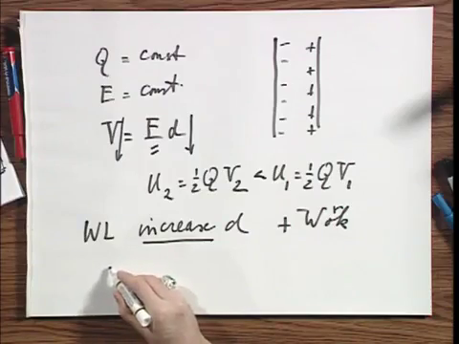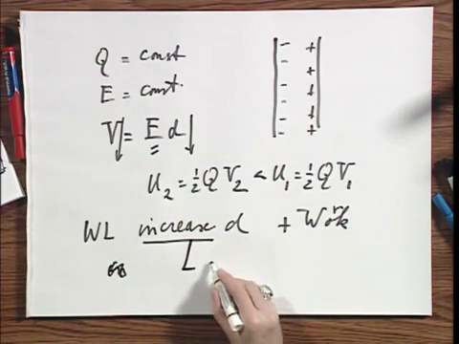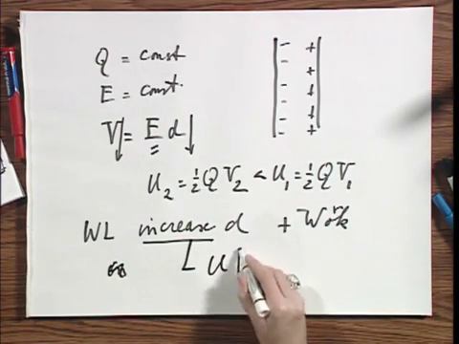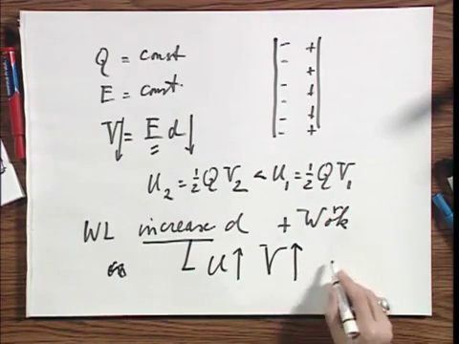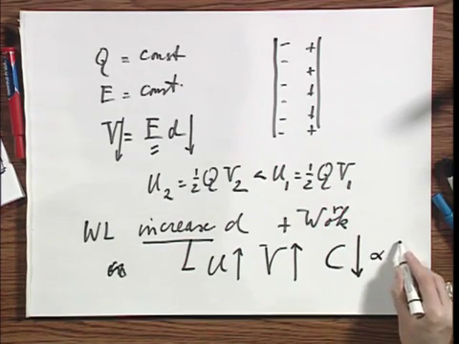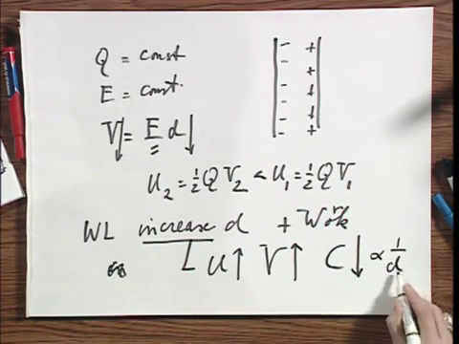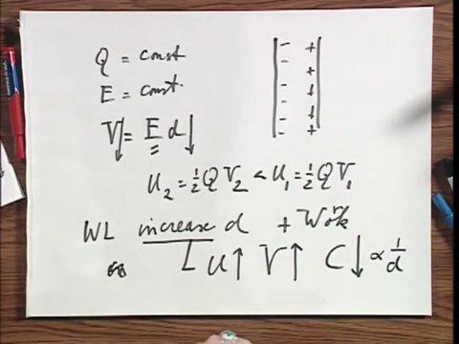So, if I increase d, then U will go up, V will go up, the potential difference, and the capacitance will go down, because remember, the capacitance is inversely proportional to d. So if d goes up, C will go down.